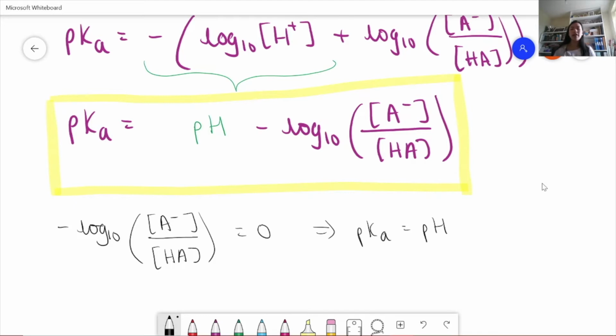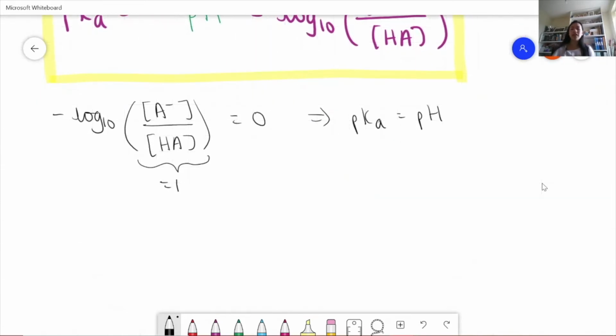And for any log to equal 0, the inside of this bracket would have to equal 1, for the log 10 of this thing to equal 0. And when the concentration of A minus over the concentration of HA equals 1, we call this the half neutralization point. And so the acid is exactly 50% dissociated.